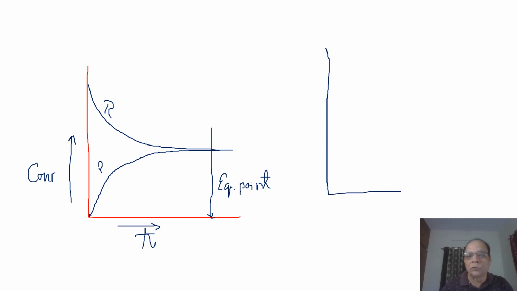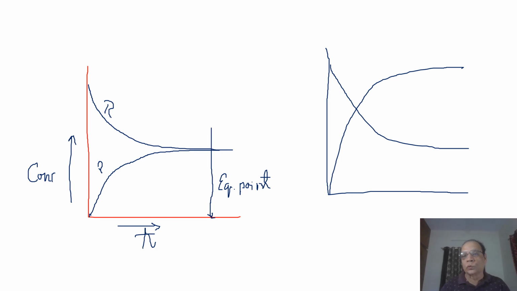Another diagram can be drawn, and this shows that the reactant has reached its lowest value, as also the product has reached its maximum value, which can be read off from the y-axis.